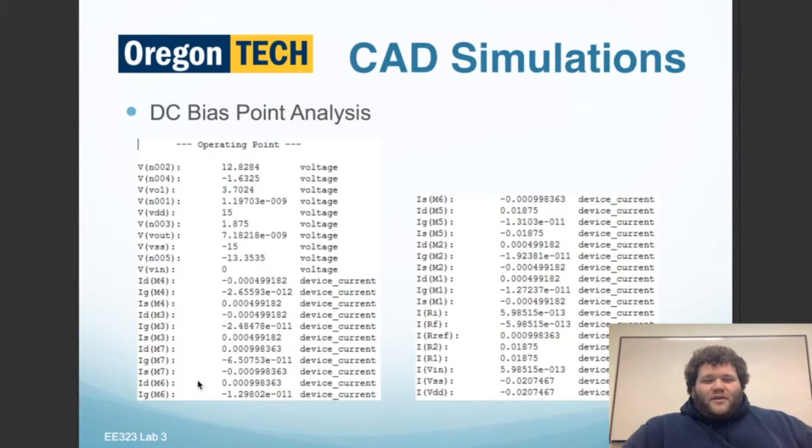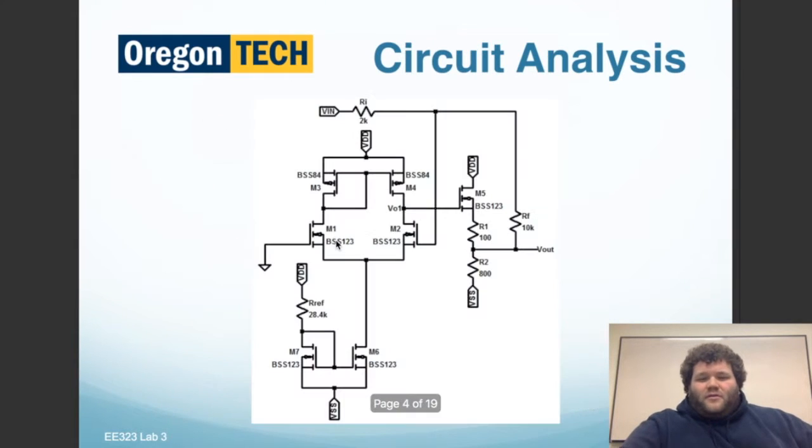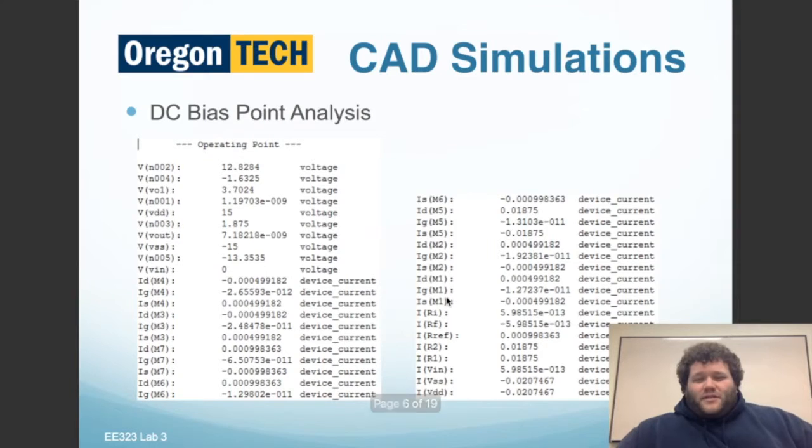Also, transistors 6 and 7 down here should have about a -1. If you go back, you can see where we took the gate source on 7, we got a -1, and if you look at 6, we also got a -1.